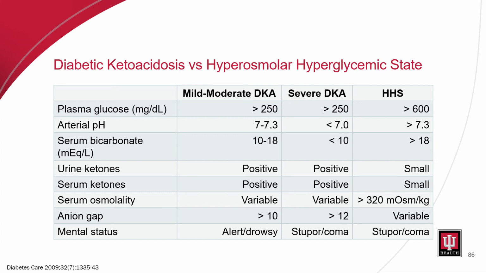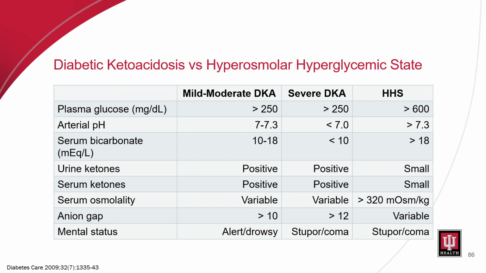In contrary, the serum osmolality is one of the defining lab values for HHS, so you'll see greater than 320 milliosmoles per kilogram, where this can be rather variable in DKA. DKA is one of our anion gap metabolic acidosis diagnoses, so we will anticipate that they may have an elevated anion gap, especially with severe cases of greater than 12.